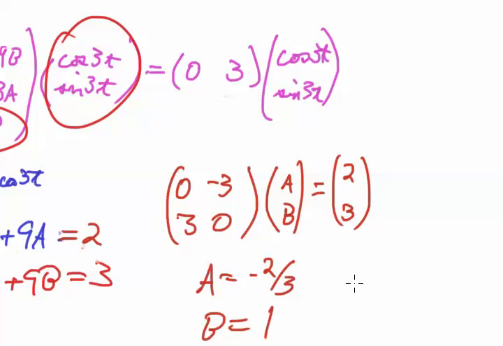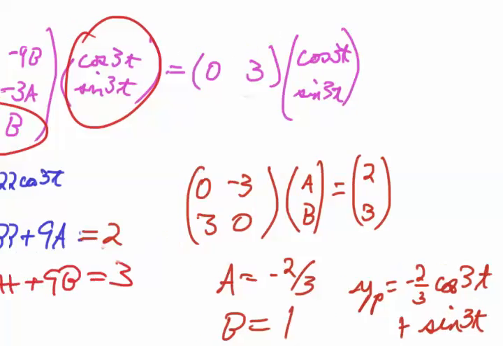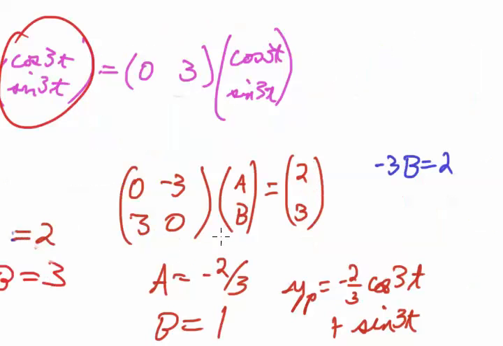So your particular solution would be negative 2/3 cosine 3t plus sine 3t. And that would end up giving you the 3 sine 3t plus 2 cosine 3t. Actually, now that I've set it up, I think this is backwards.